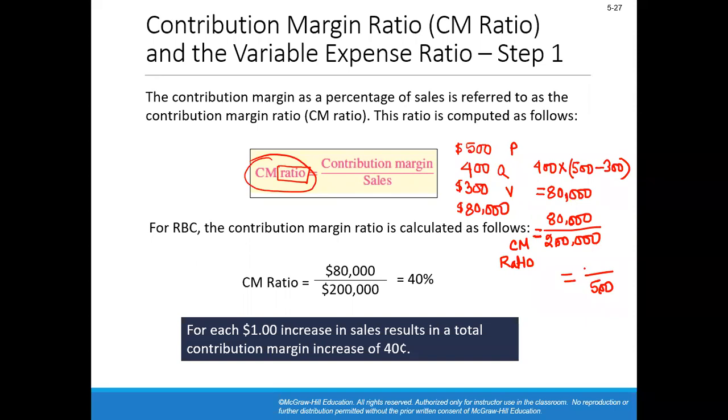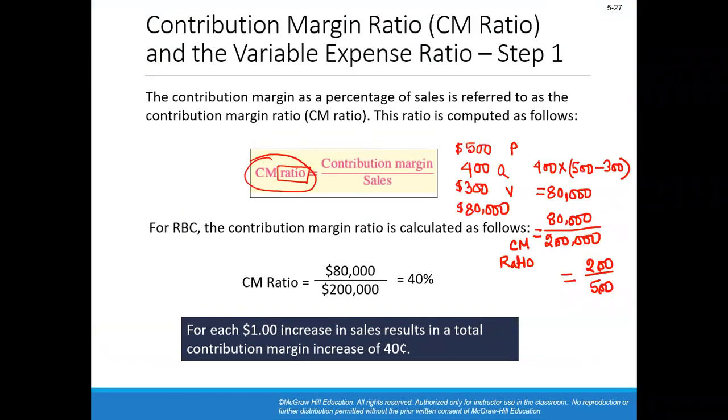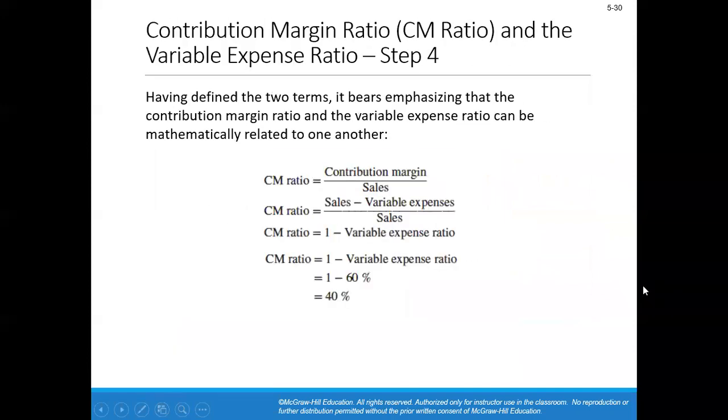And if we express the per unit contribution margin of 200 relative to the selling price per unit, we see that it is the same amount. I mean 40%. You will see that it is 40%, and it is also 40%.